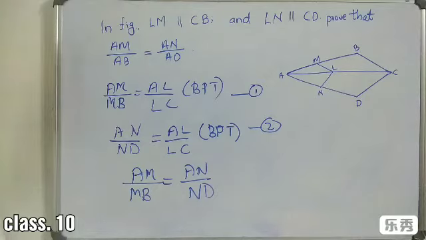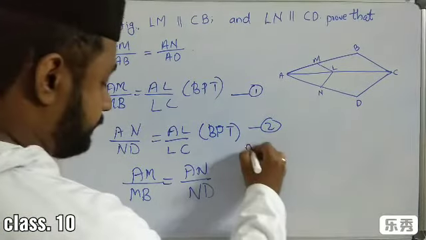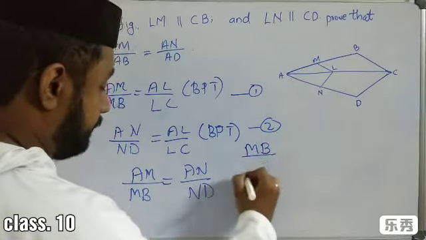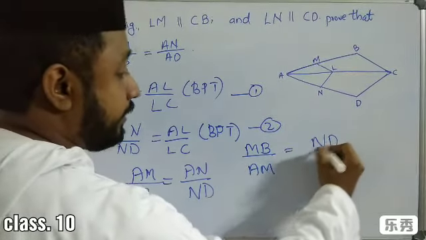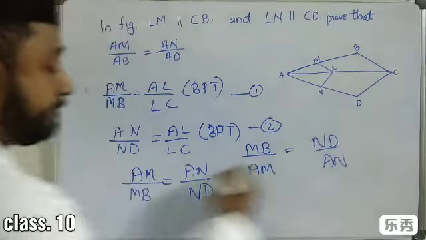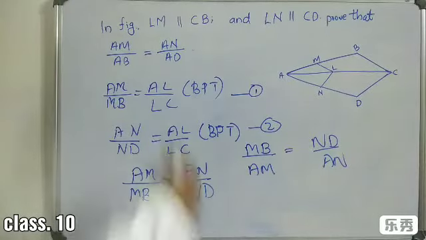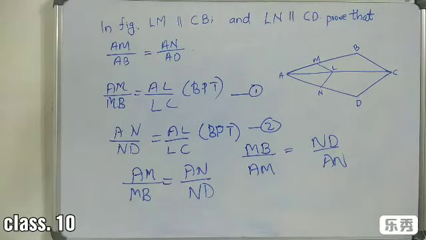Now I am going to take the reciprocal of both fractions. If we take the reciprocal on both sides, there will be no change. So MB by AM is equal to ND by AN.